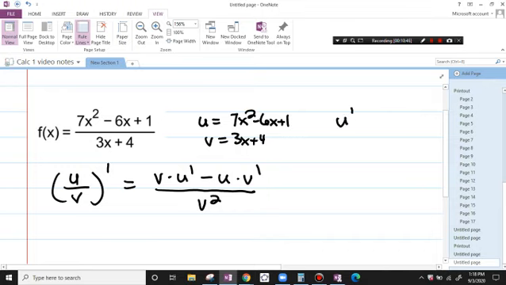All right, so u prime is equal to 14x minus 6. V prime, the derivative of 3x, is 3.